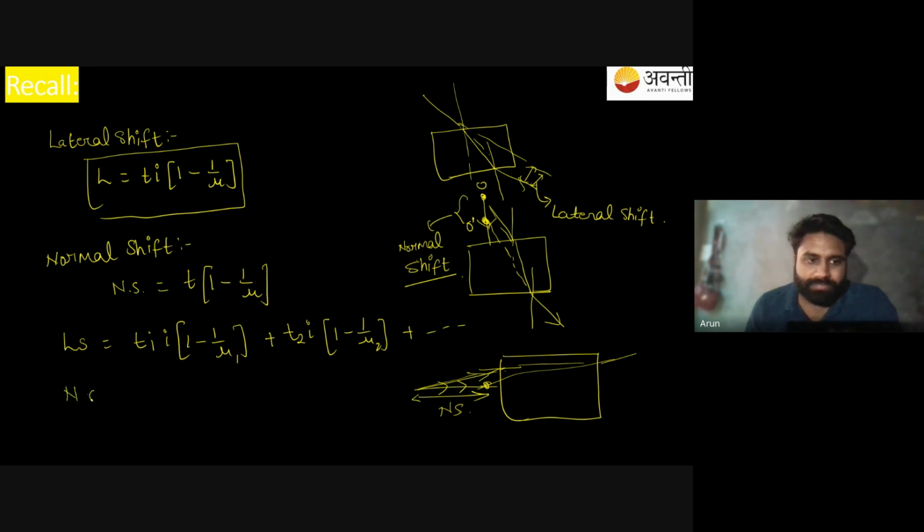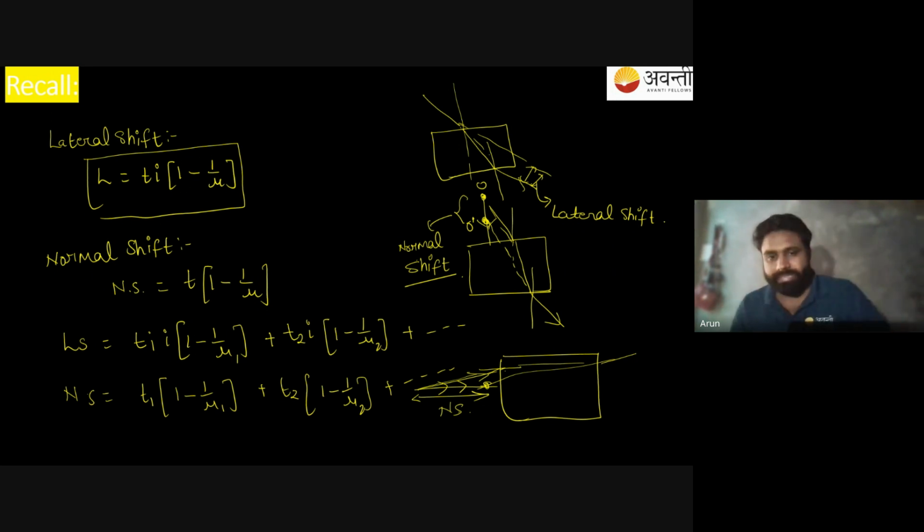The normal shift will be t1 times 1 minus 1 upon mu 1, plus t2 times 1 minus 1 upon mu 2, plus and so on. If you have n glass slabs, the next term will be t3 times 1 minus 1 upon mu 3, and so on.